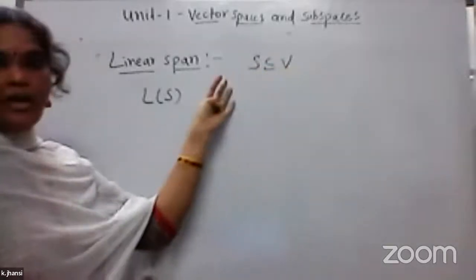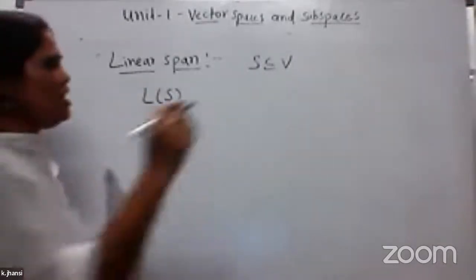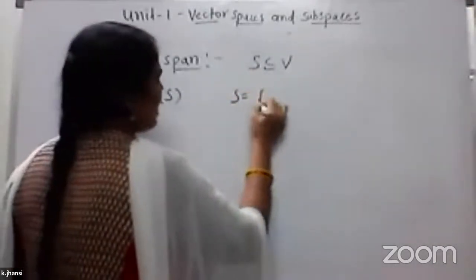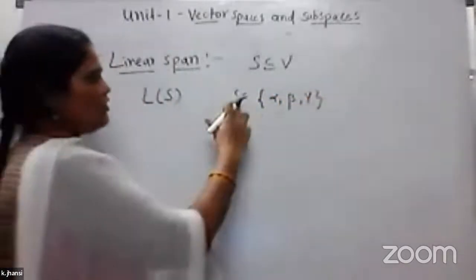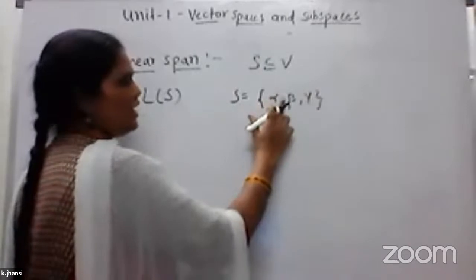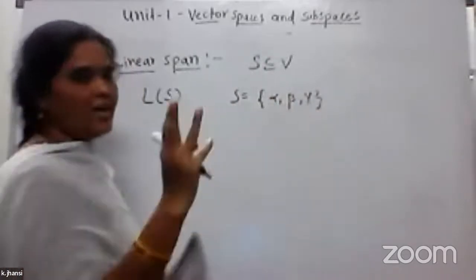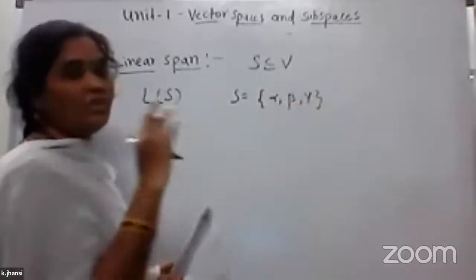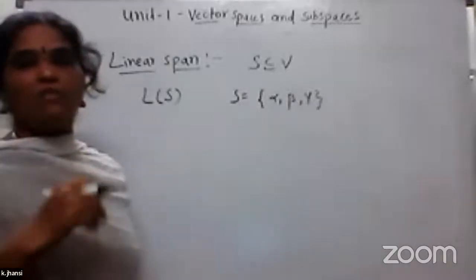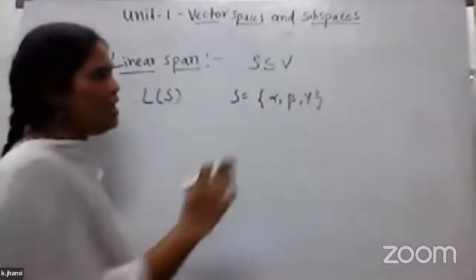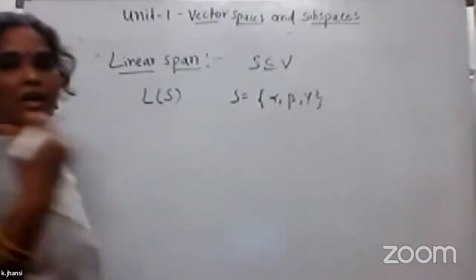So if you write all the linear combinations of the set S in the form of alpha, beta, gamma, with the help of this set S, you are taking alpha, beta, gamma. This is a finite set, only 3 elements are there. With these alpha, beta, gamma, you can write an infinite number of linear combinations. Here only 3 vectors are there, but for scalars you can take any scalars.